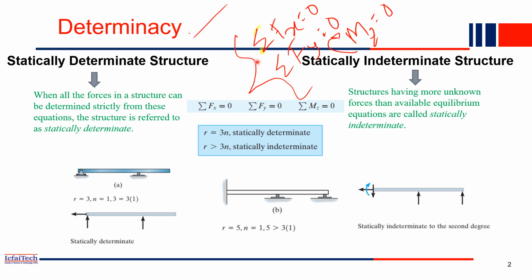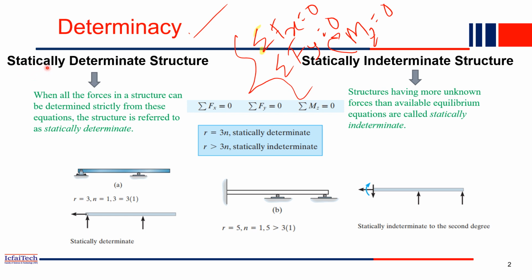Using these three equations, if we can determine the reaction forces, and analyze bending moment and shear force, then we call this beam a determinate beam. If you use only these three equations to calculate all the internal forces of any structure, we call it a determinate structure.